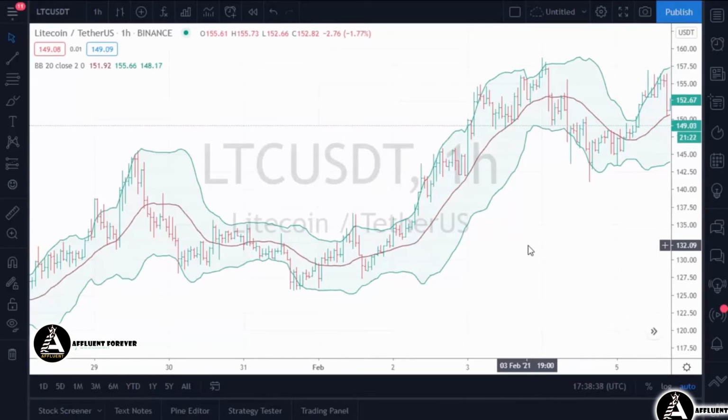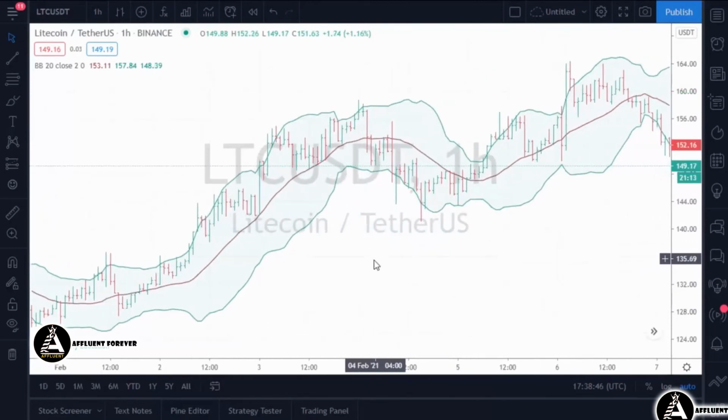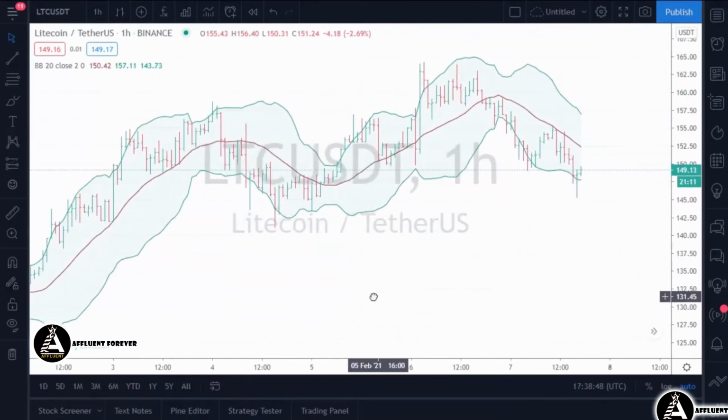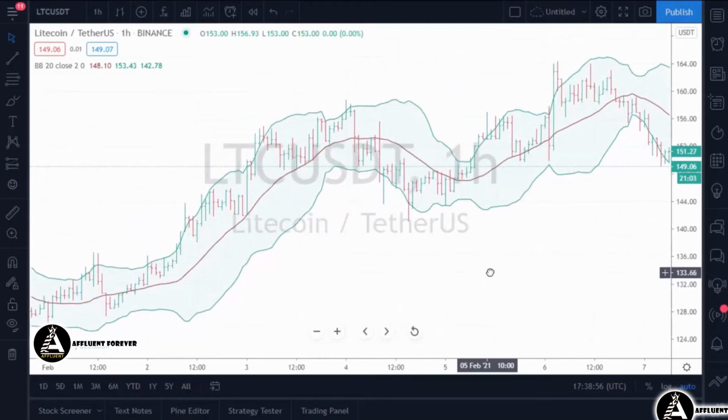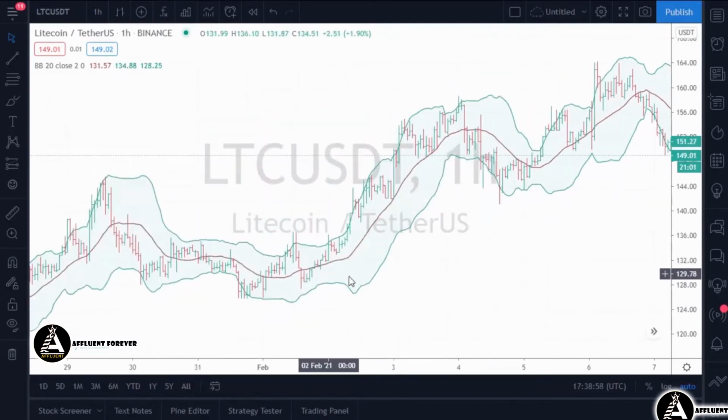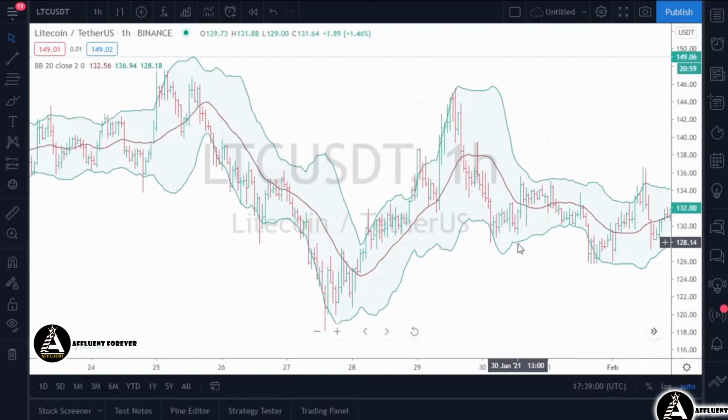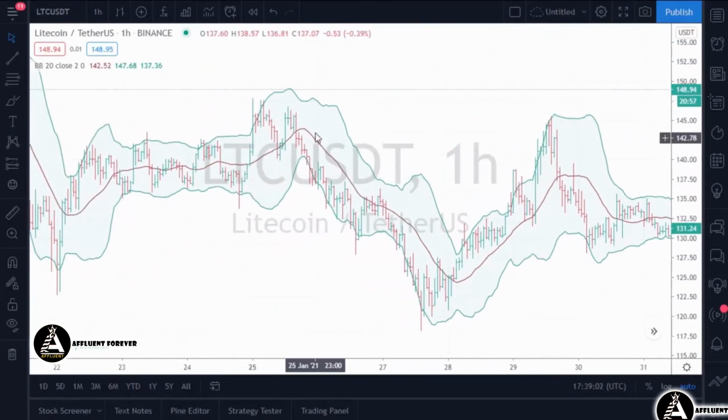There are a couple of different ways that people will use this. That's the most straightforward explanation of it. But sometimes they will use the trend right along with the median to determine what to do next. So for example, we have a downtrend here, and you can see the price falls and falls.